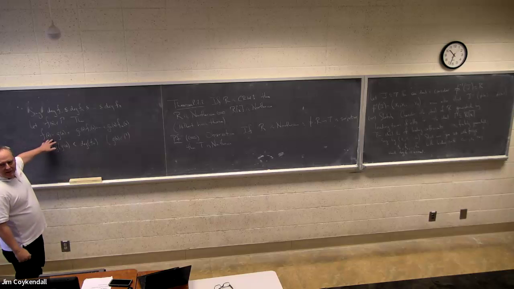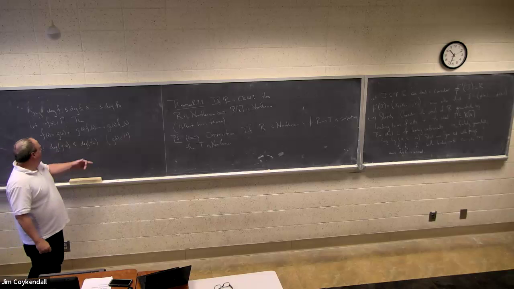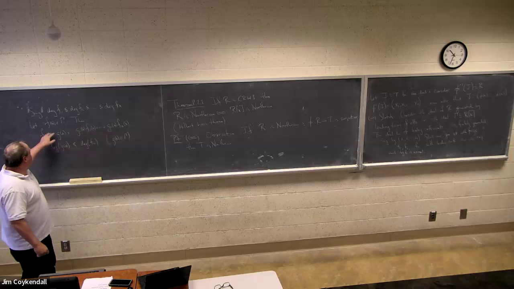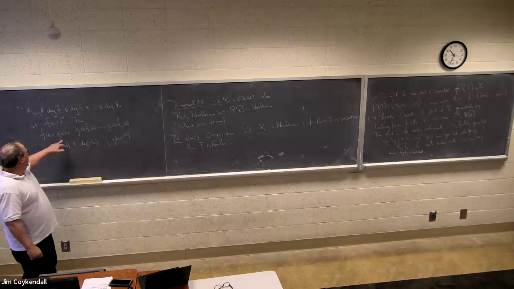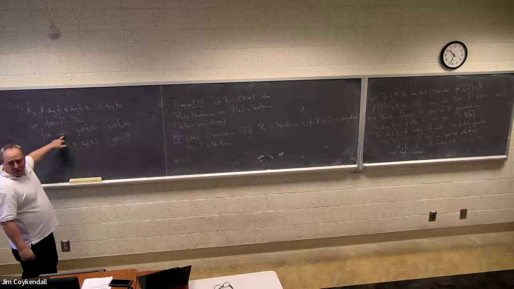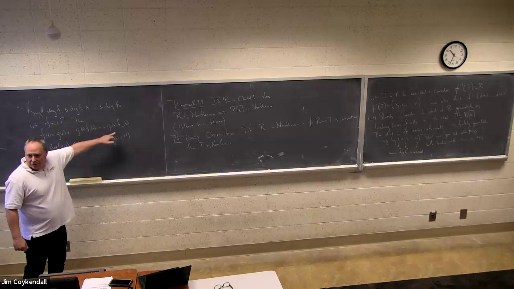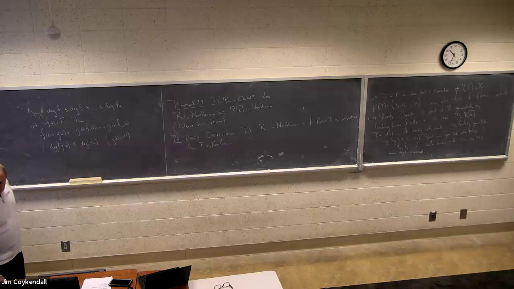So if I have anything in gamma, no matter how big the degree is, I can subtract off a linear combination of these things and reduce f of x down to a smaller g of x, of degree smaller than the largest of these.